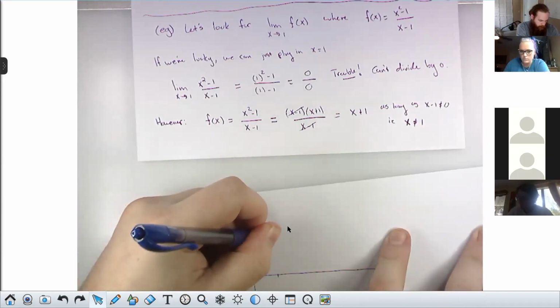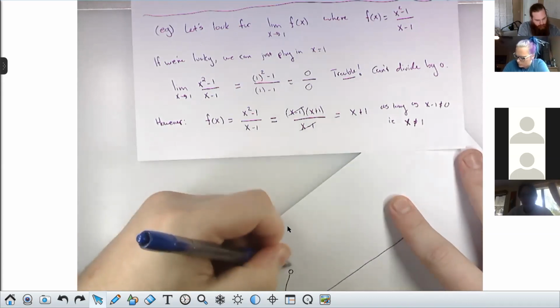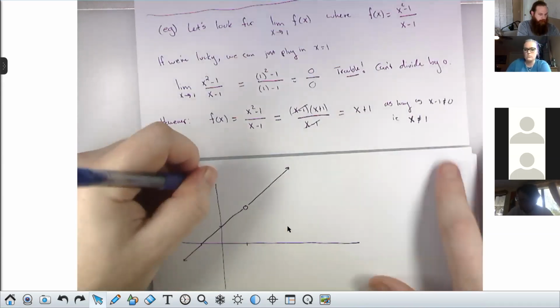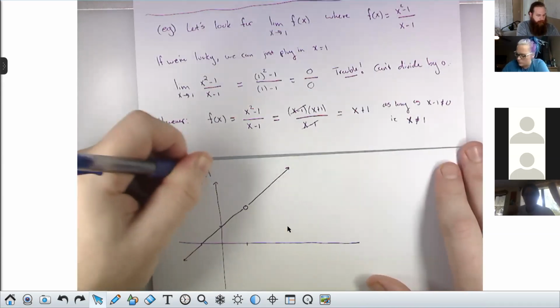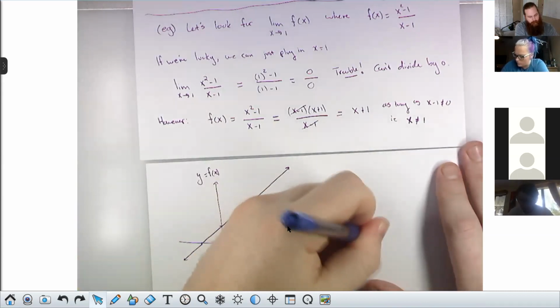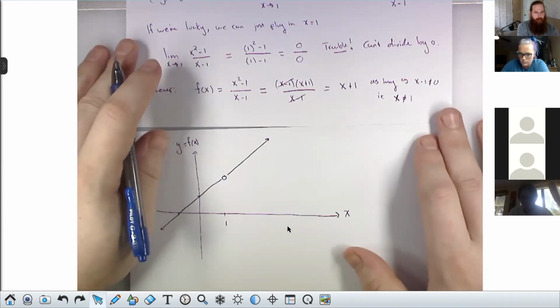We'll have a hole here. So this is the graph y equals f of x. This is 1. This is x. So remember what I'm trying to do. I'm trying to find the limit as x approaches 1.